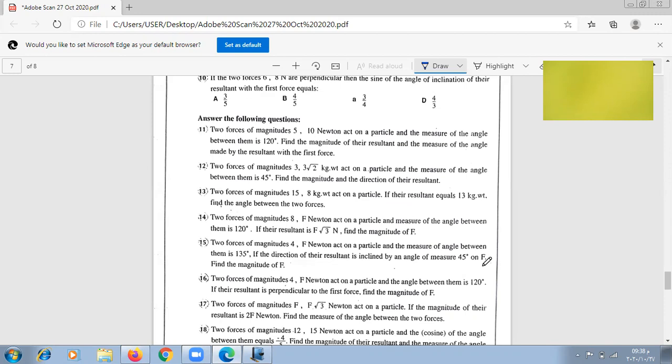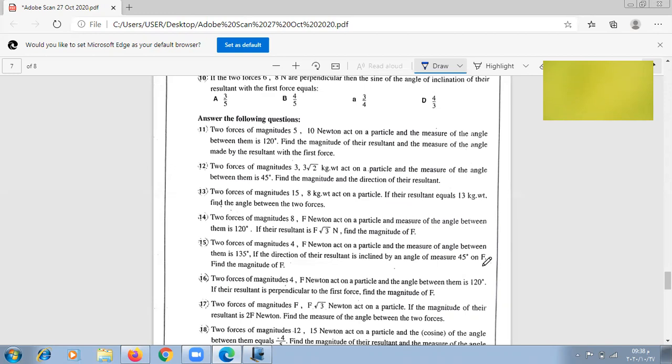In all cases we will have the same answer, whatever we put, 4 or F, as the first force. But it's easier to make F the first force, and 45 in this case will be theta, the angle between the resultant and the first force.